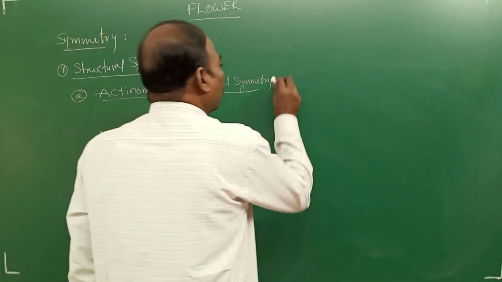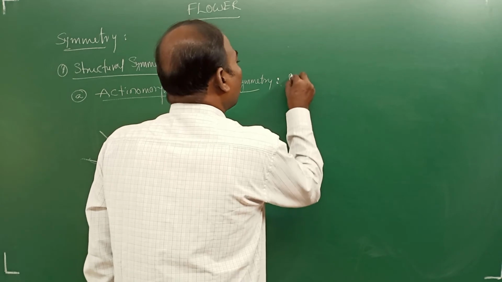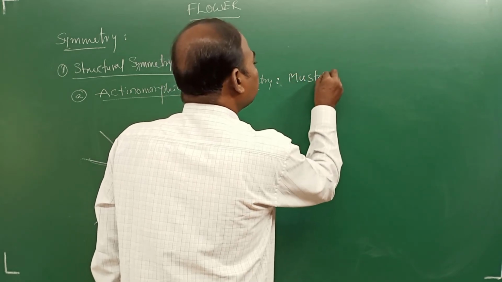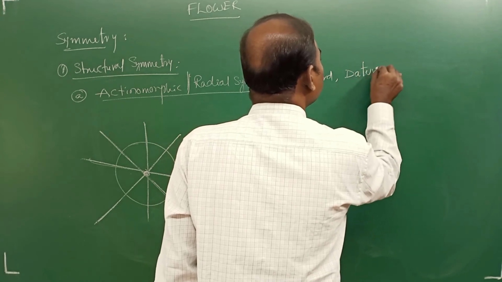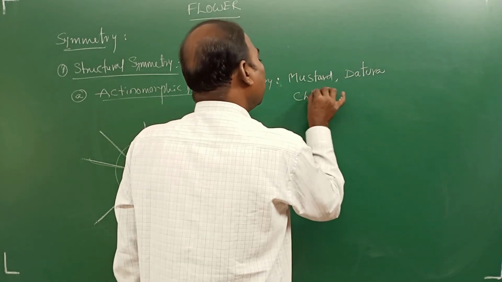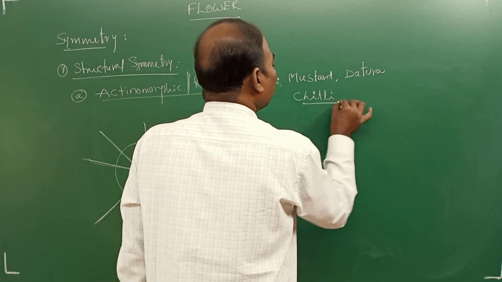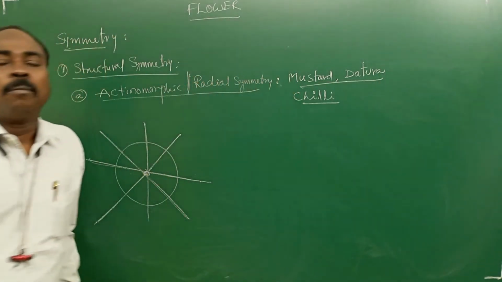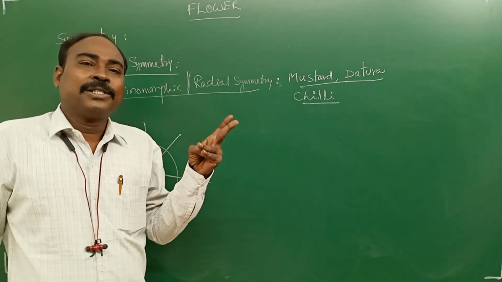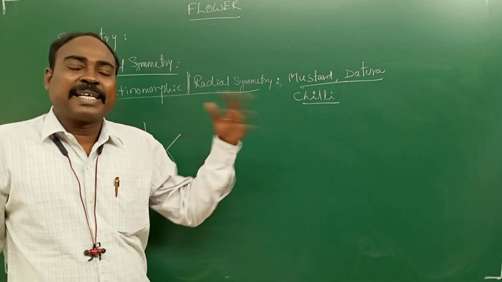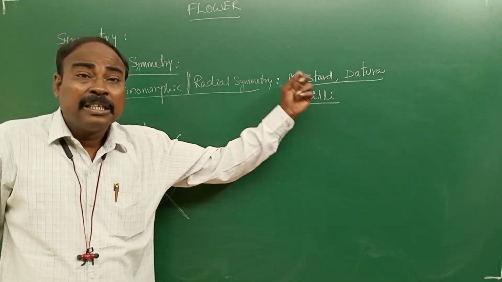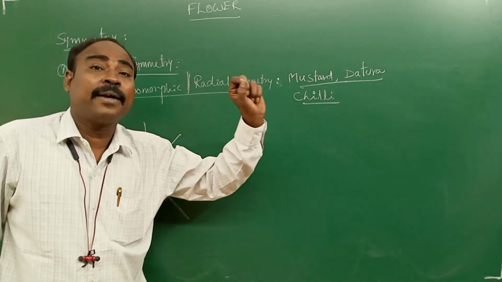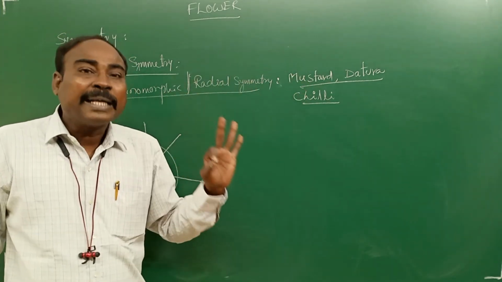For example, mustard, datura, chilies, etc. Mustard, datura, chili, hibiscus, whatever it may be, right? So the examples which are given in the NCERT book are necessary.